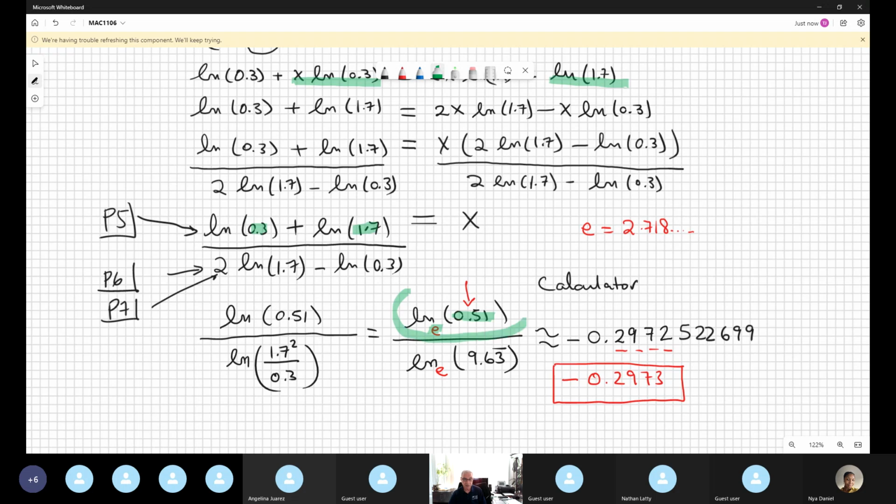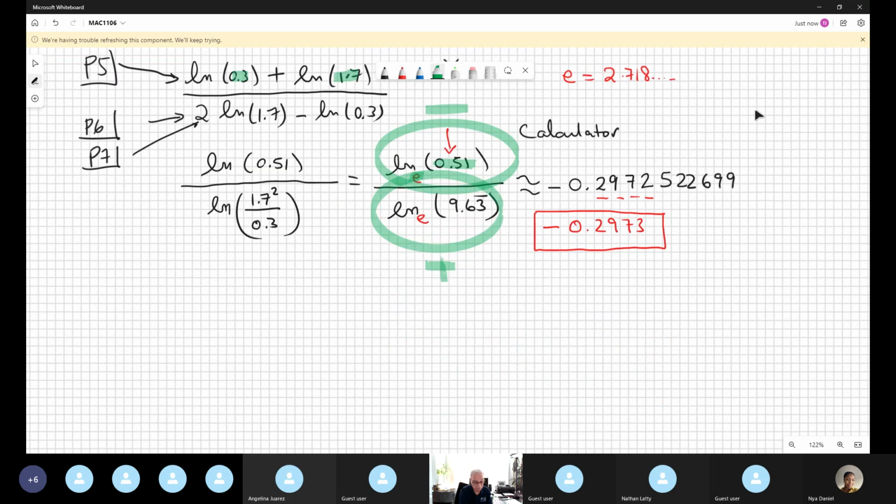The top part is negative, but the bottom part is positive because e and 9 point something are greater than 1. Negative divided by positive, of course the answer is negative. You don't need to know that, but this is one idea to understand why the answer is negative. Any questions, guys? No?